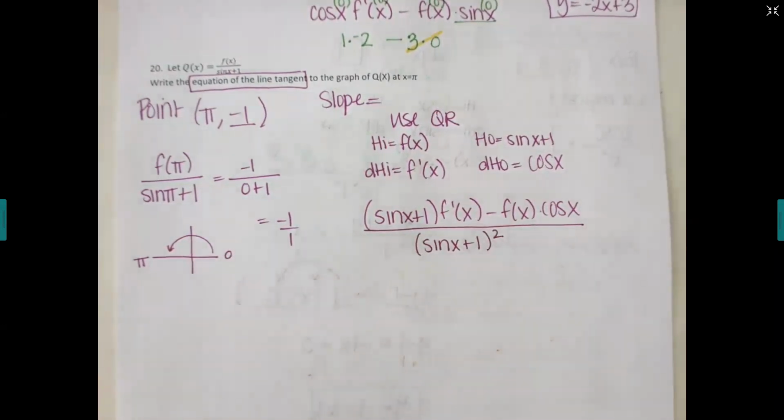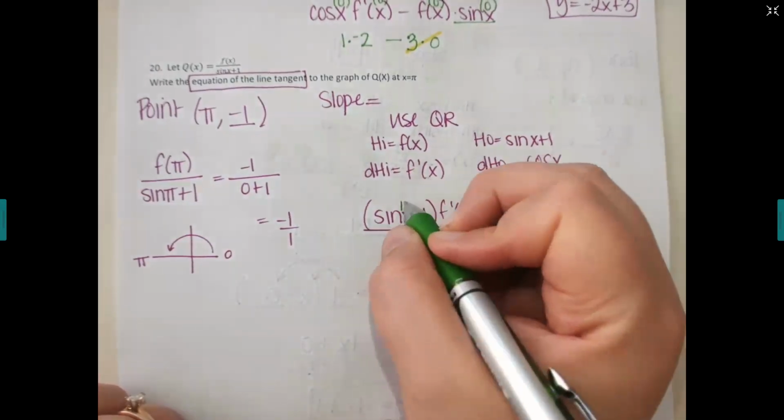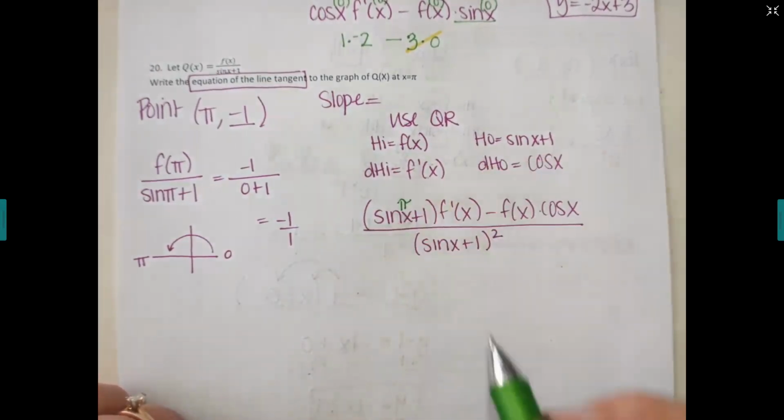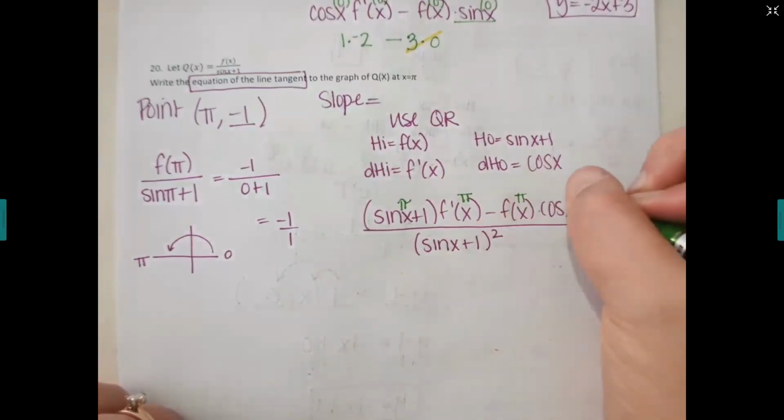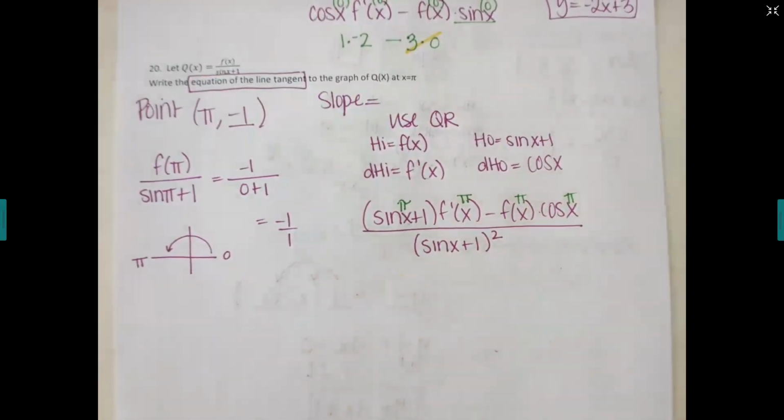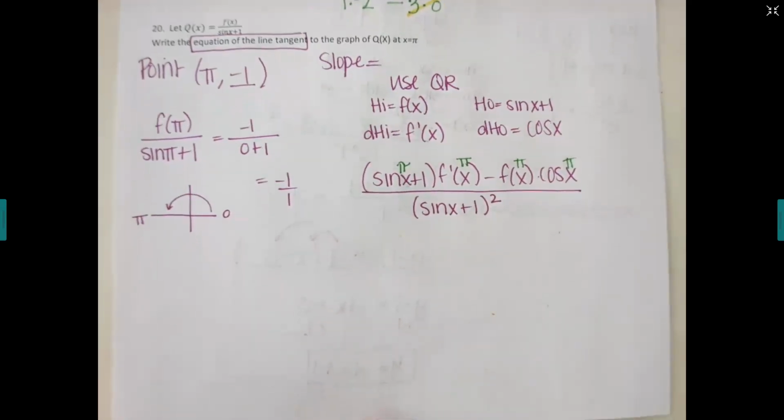Now from here, remember, this is the slope at any point that I want. I want the slope at my point, which is an x of what? Pi. So I'm going to need to know the sine of pi plus 1, f prime of pi, f of pi, and cosine pi. Let's go one at a time. What did we say the sine of pi is? 0.